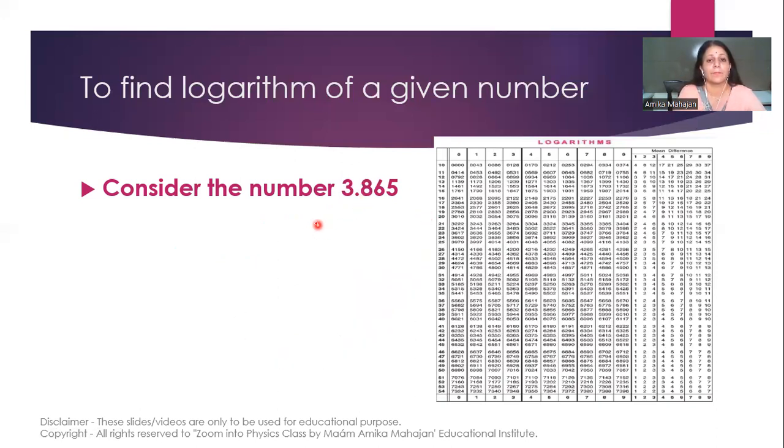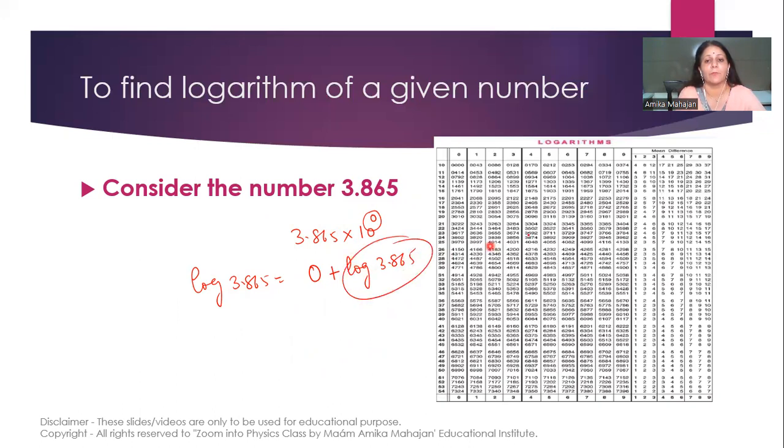Now come to this. It is already in standard form. So if I want to find its characteristic, I will write it like 10 raised to power 0. This 0 is the characteristic. So when I write the log of 3.865, the characteristic is 0 plus the log of 3.865.